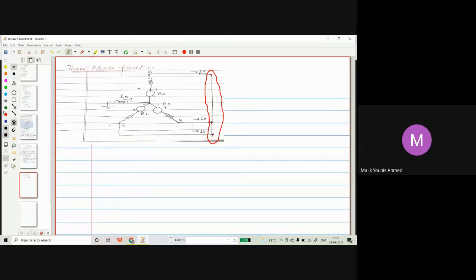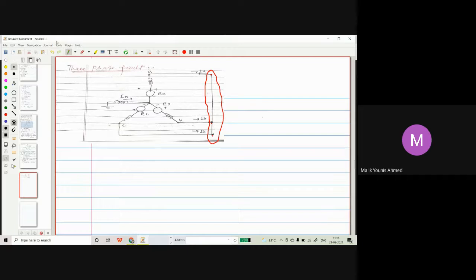What can be the other condition? If you apply Kirchhoff's law anywhere here, this is incoming current, this is incoming current, that's just a junction. This is incoming current, this is incoming current, this is incoming current.